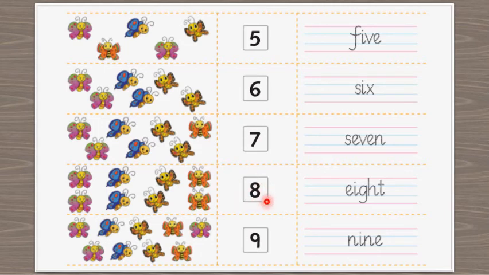Here we have 1, 2, 3, 4, 5, 6, 7, 8. 8 butterflies are there. The number name and its spelling is EIGHT. Here 1, 2, 3, 4, 5, 6, 7, 8, 9. 9 butterflies. The number name or the number in words is written as NINE.